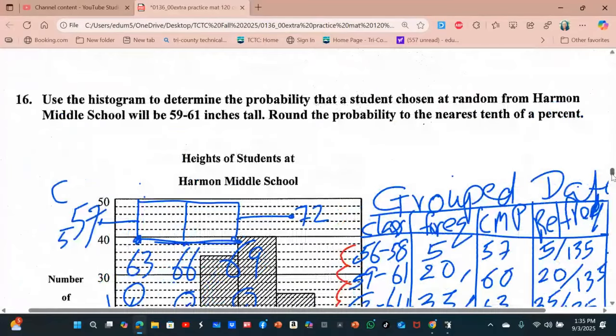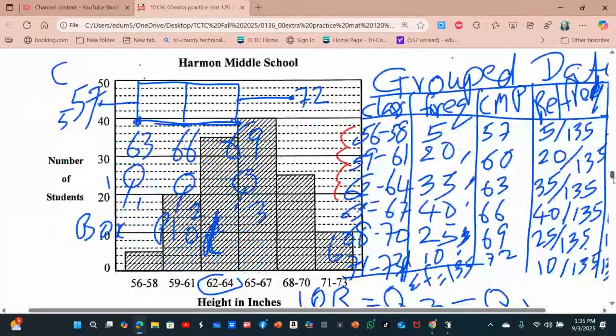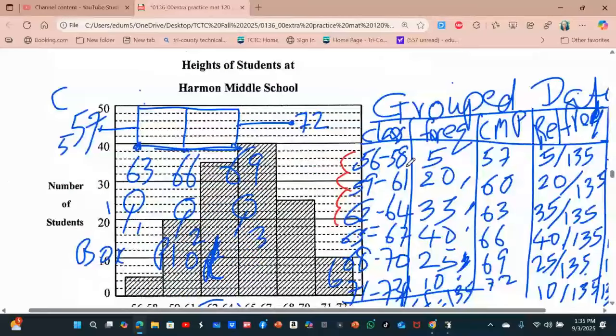Use the histogram to determine the probability that a student chosen at random from Hammond Middle School will be 59 to 61 inches tall. Remember I said that probability is the same as relative frequency. So let's look at the class 59 to 61. So second class, find the probability.